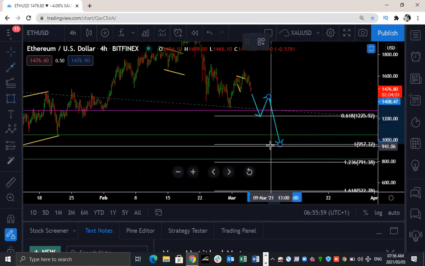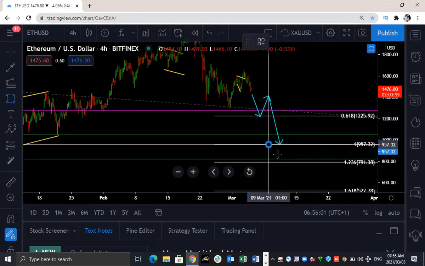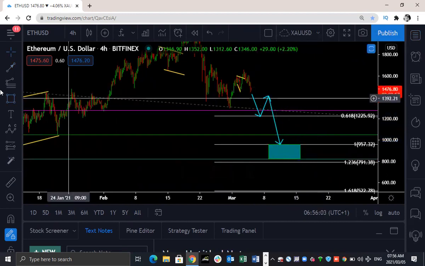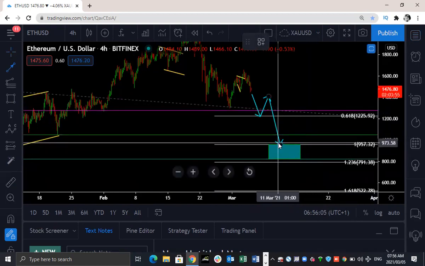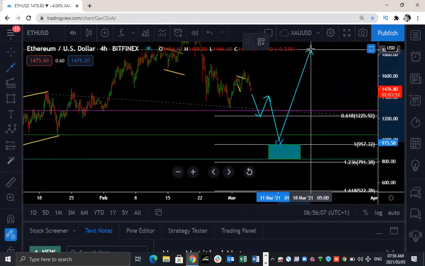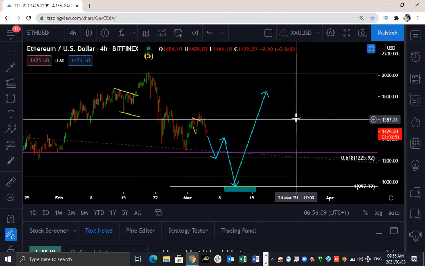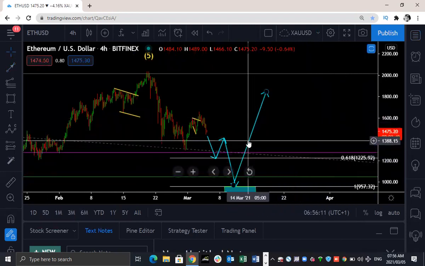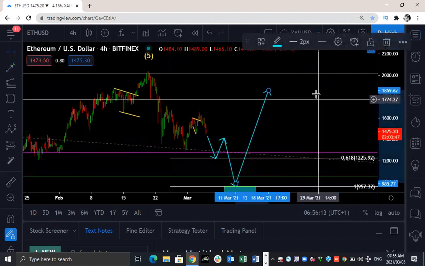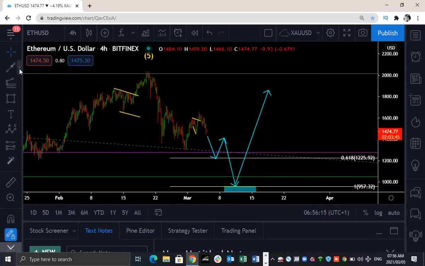That's our blue box. Let's see how that's going to play out. Then from there, we're going to expect the rally from around 957. That is Ethereum. Right, it's going to be interesting. So we expect that. Let's just fix it up.